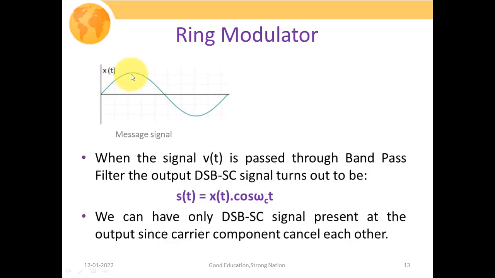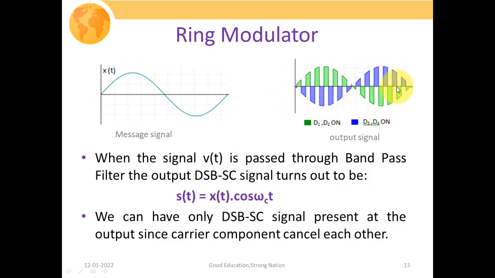So let us say this is our message signal, then the output would be represented by this figure. That is, for the positive half cycle, diodes D1 and D2 are in on state and we have this sort of waveform. And for the negative half cycle, when diodes D3 and D4 are conducting, we have this particular portion.